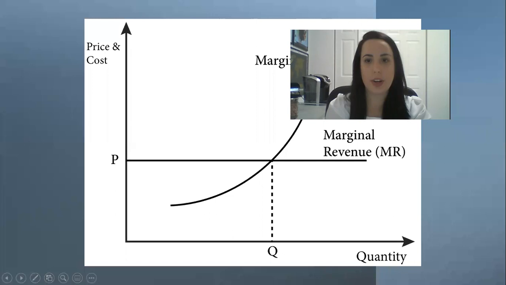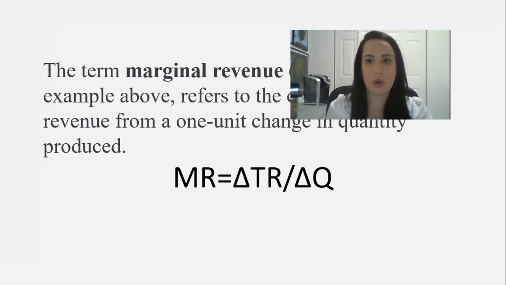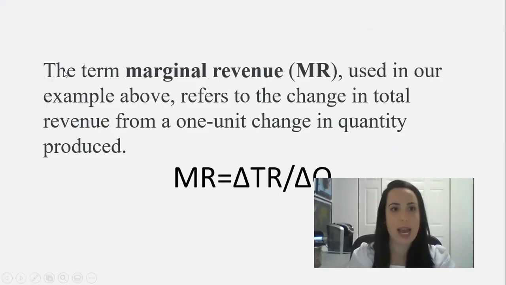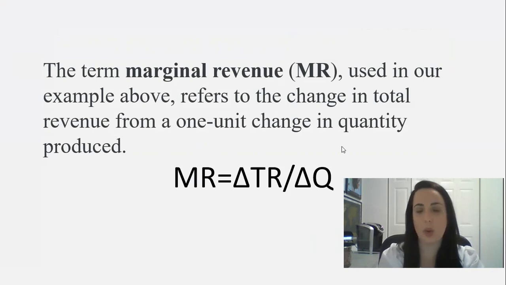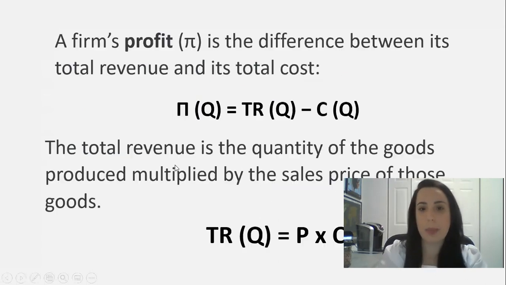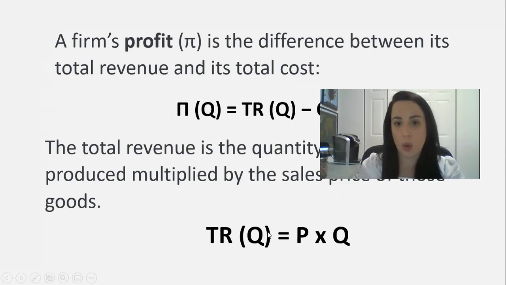So let's go to a new term, marginal revenue. Marginal revenue refers to the change in total revenue from a one unit change in quantity produced. So marginal revenue will equal the change in total revenue divided by the change in quantity. Now, do you remember that we said price would equal total revenue divided by quantity?